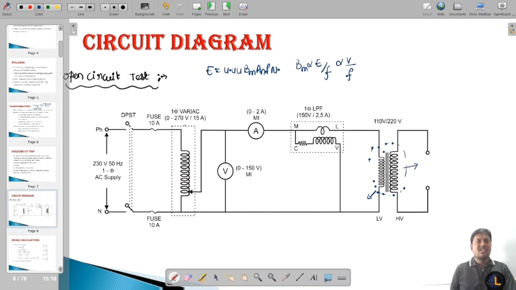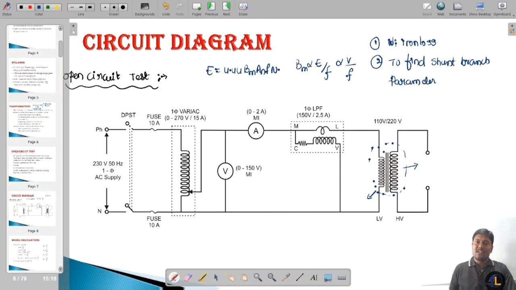What are the main objectives of this test? To find out the iron losses, that is, the iron loss in the transformer core, and to find out the shunt branch parameters of an equivalent circuit.